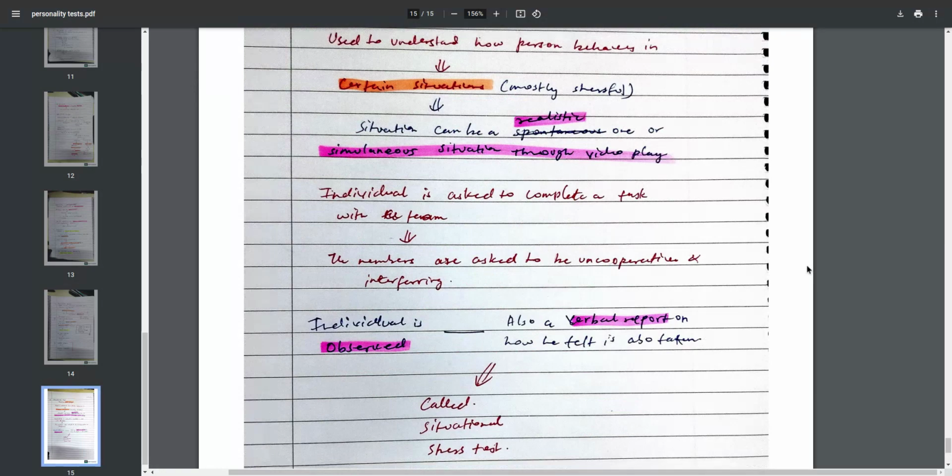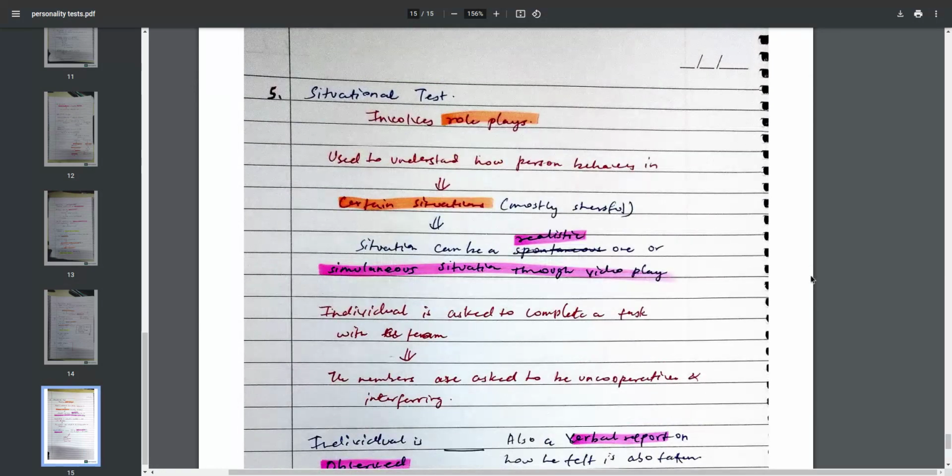Then finally we come to the situational test. This involves role play to understand how the person behaves in certain situations. But these are mostly stressful situations. They create realistic situations. These can be realistic or simulated situations through video play.